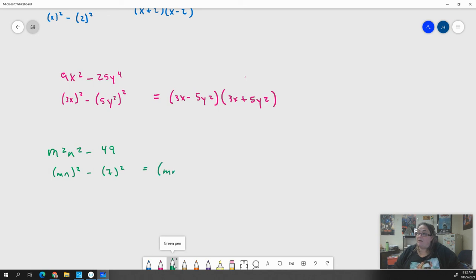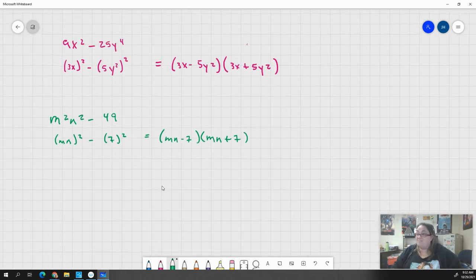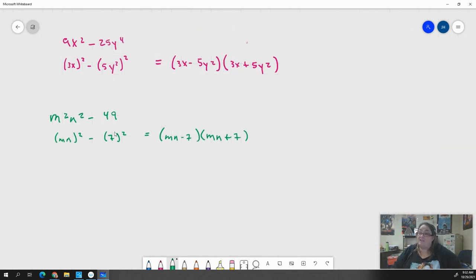So we would have mn minus 7 times mn plus 7, right? The nice thing about these, really no work to show. You should kind of show this so that you could see that you've got your perfect squares.